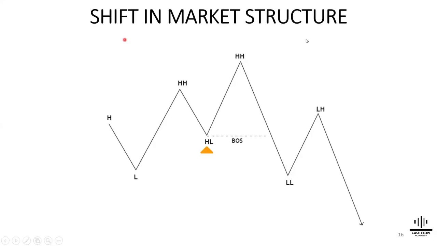All right. So I want to explain something that is called shift in market structure. Now I explained to you that trends are created by price swings. And before a swing is created, you will see a market structure. The market structure helps you tell the beginning of a swing. So here now, what will you expect to see? You expect to see two candles that are higher than the middle candle.